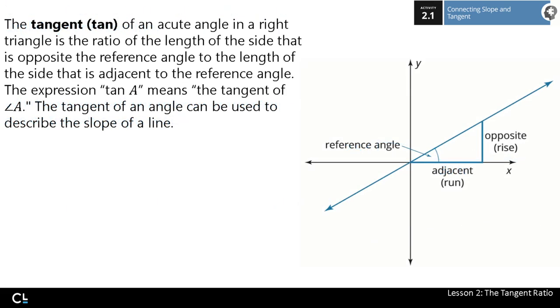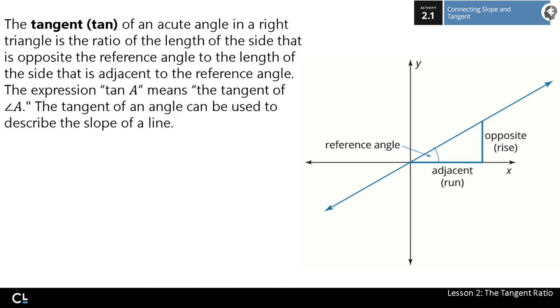So what we actually just looked at here too, those ratios is known as our tangent, right? So the tangent of an acute angle in a right triangle is the ratio of the length of the side that is opposite the reference angle to the length of the side that is adjacent to the reference angle.